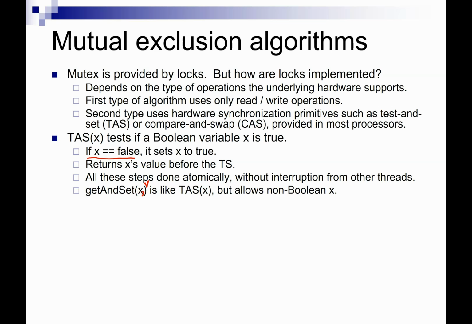What get and set does is that it gets the current value of x and then sets it to a new value v. For example, if x is currently 0 and v is 5, then if you do get and set of x and 5, we get back the response 0, the current value, and x also becomes 5. And both these happen atomically.